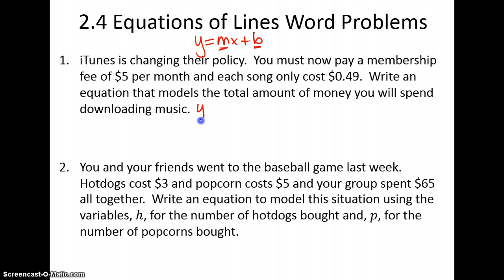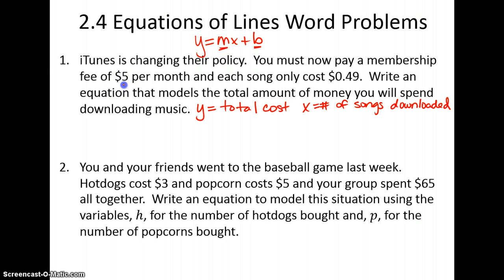If we let y be the total cost, and we let x be the number of songs downloaded. That way you don't get confused about what stood for what once you are writing your equation.